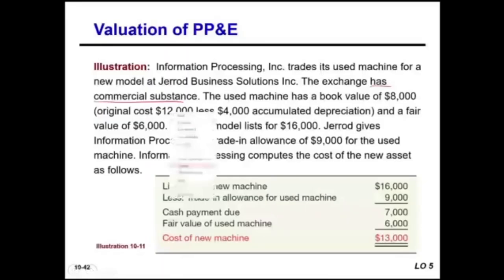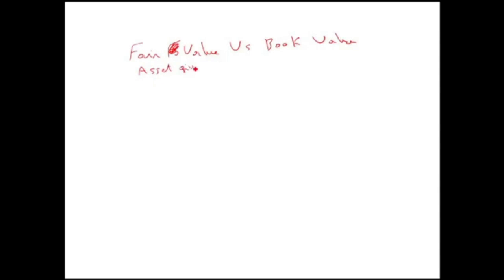One of the rules is this: how do we determine if we have a gain or a loss? I assume that you know the rules, but let's not assume anything. What we do is we look at the fair value of the asset given up versus the book value.